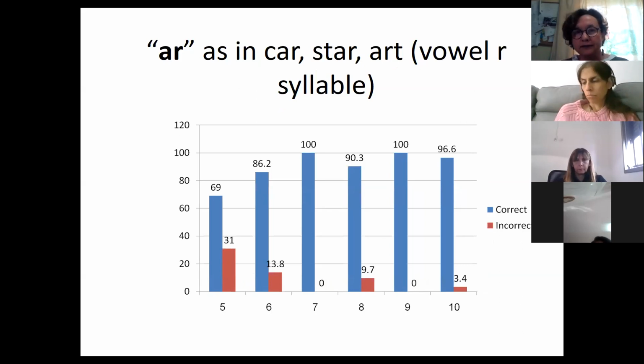This is the R, okay? We call it a vowel R syllable. And it's a vowel R syllable because there's a bunch of syllables that have got a vowel and an R, and it has a particular sound, and that sound needs to be taught. Now, how do I see this being a problem, and why would we teach this?